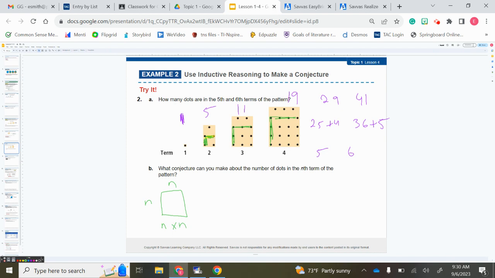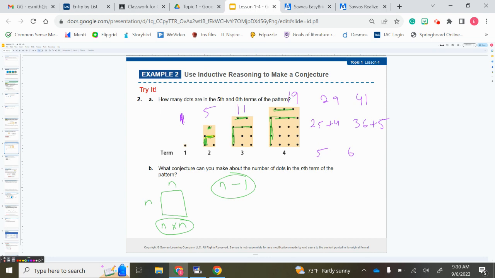How do we get the last part? Those little dots above it. Who's got an idea? Go ahead. I think it's n minus 1, yeah. So the dots above, here we have 1, we have 2, we have 3. It's always that term n minus 1. Now, how are we going to set this up? What goes between these two?